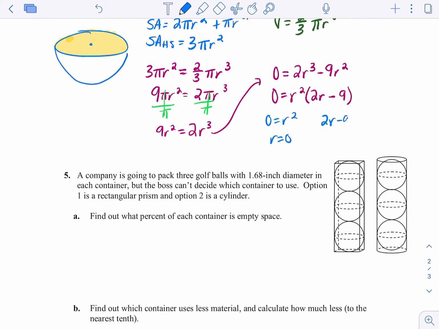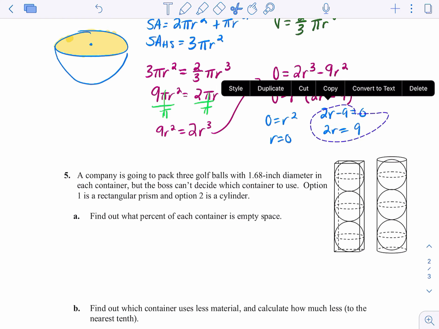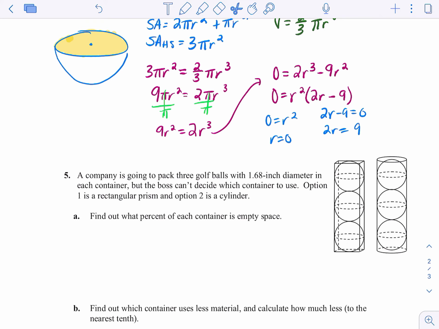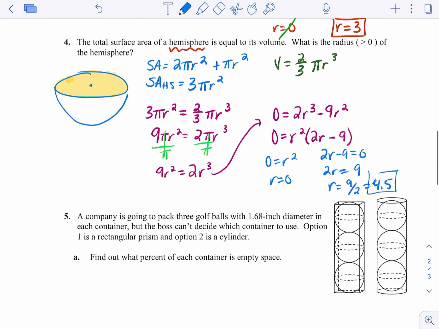But we get 2r minus 9 equals 0. That means 2r equals 9. Or we have a radius of 9 over 2, or 4.5. So if the total surface area of a hemisphere equals its volume, the only time that happens is if the radius is 4.5. And that's kind of cool to see that relationship here.